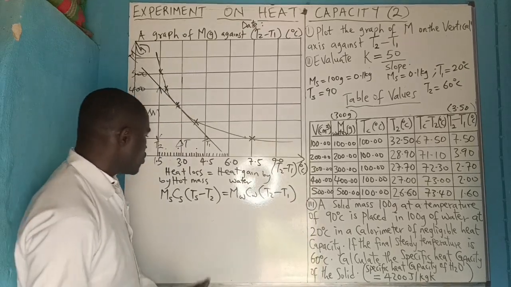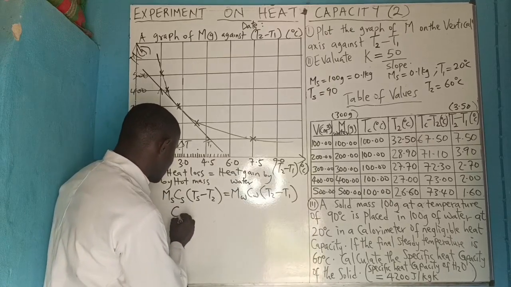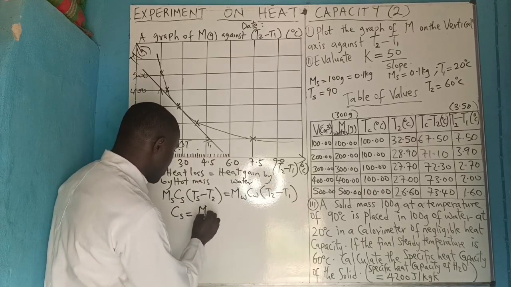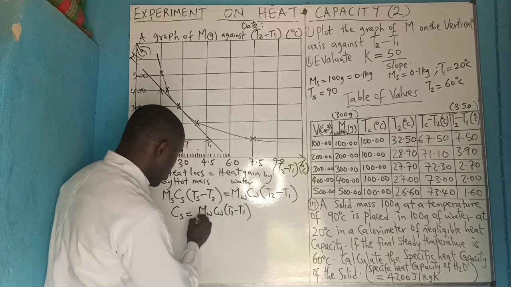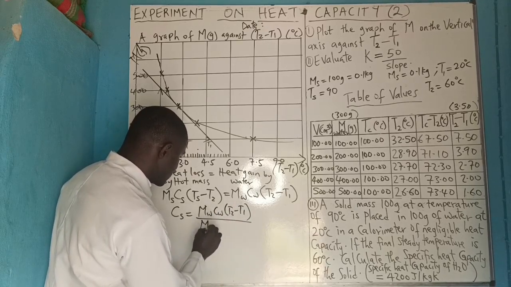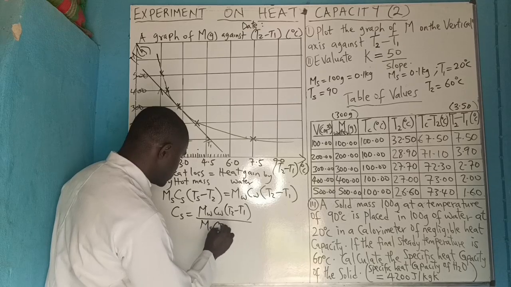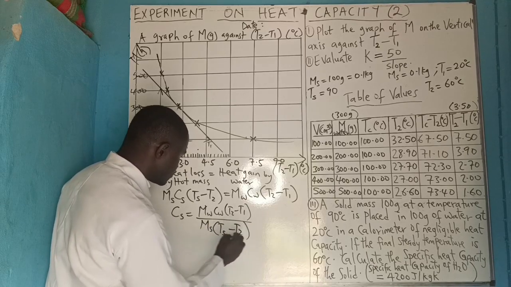We are looking for Cs. Cs equals MW CW (T2 minus T1) all over MS bracket (Ts minus T2).